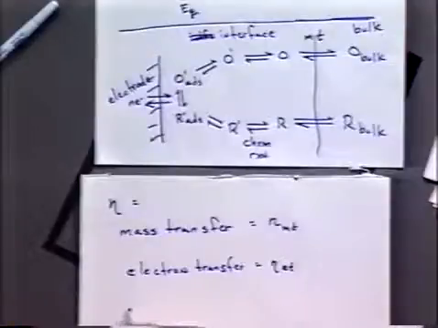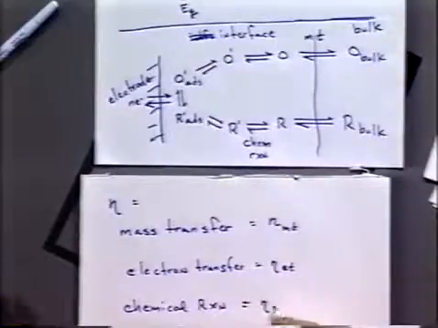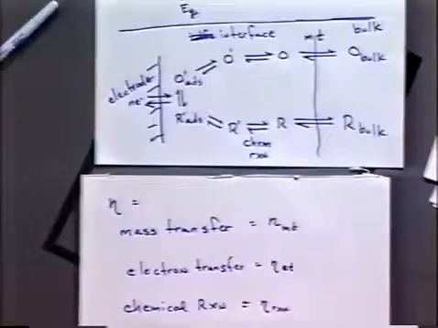And it can be due to a chemical reaction, and I use RXN there. In other words, each of these processes can make the potential shift away from the equilibrium potential.